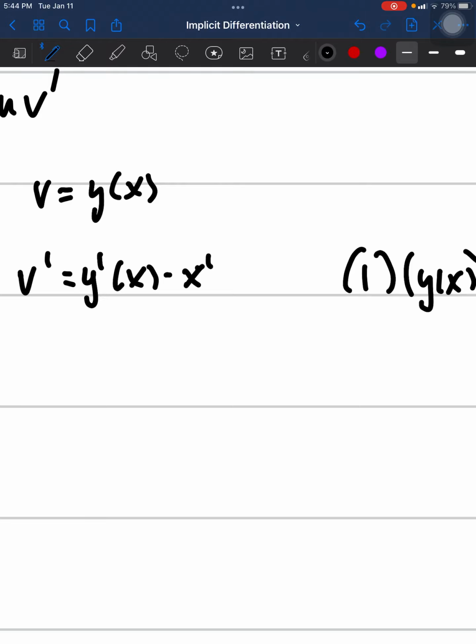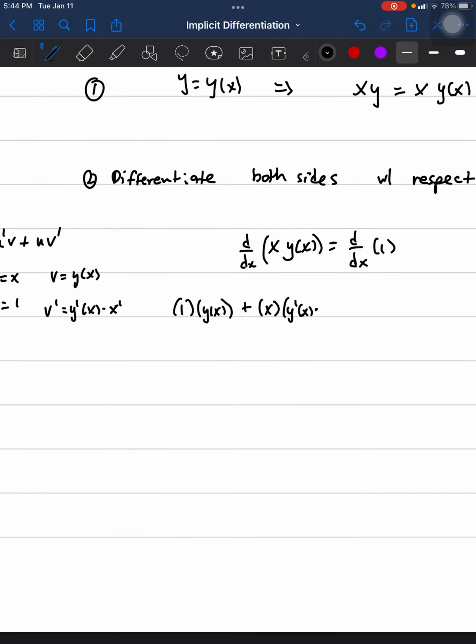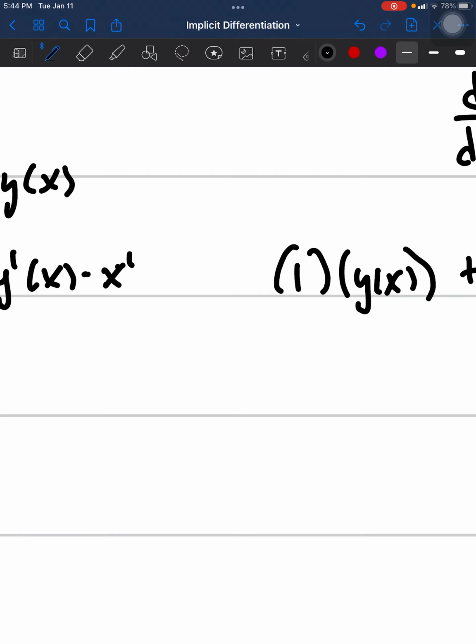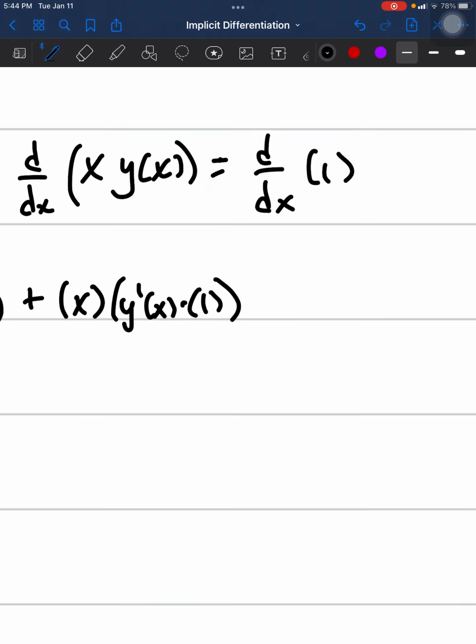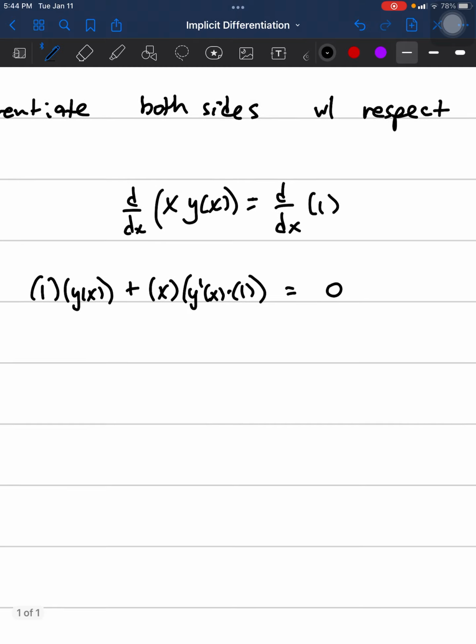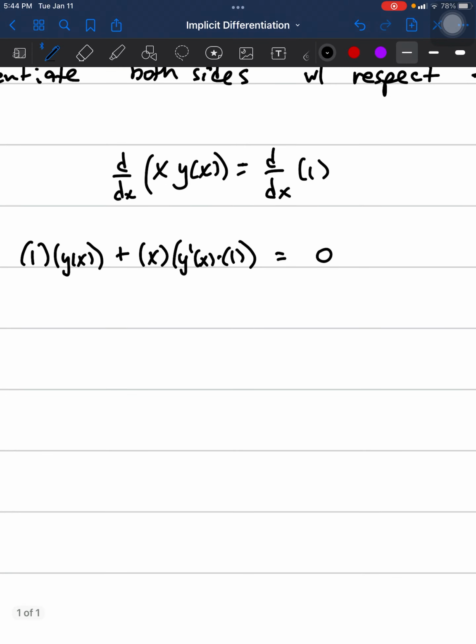The derivative of a variable to the first power is just 1. So we just write 1 here. This is what we get, and this is set equal to 0 because the derivative of 1 is 0.